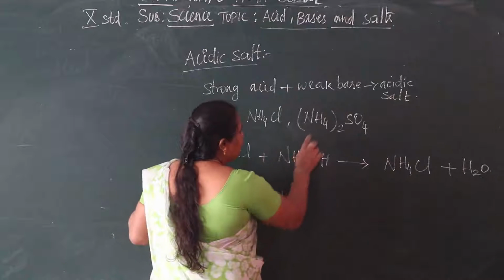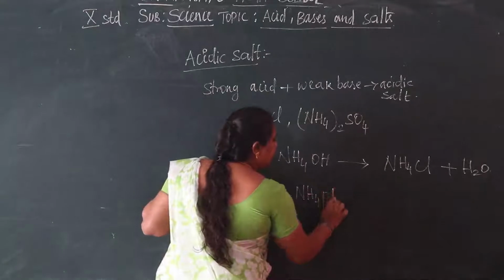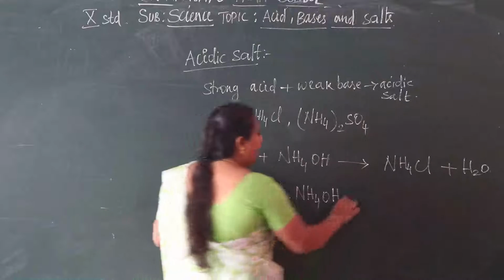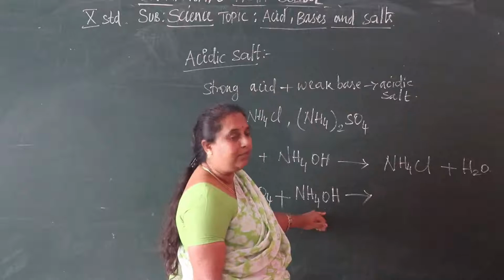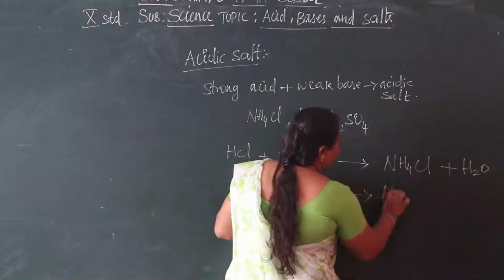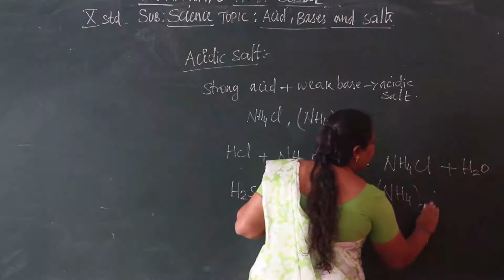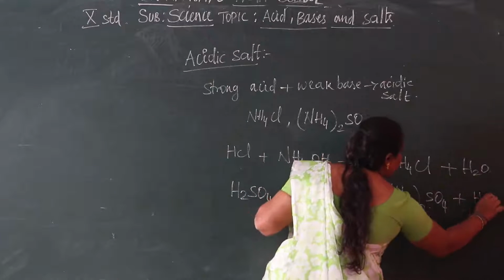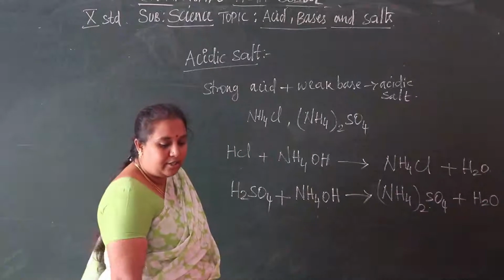Sulfuric acid reacts with ammonium hydroxide, NH4OH, and we get ammonium sulfate, (NH4)2SO4, plus water. Now see whether this reaction is balanced or not.